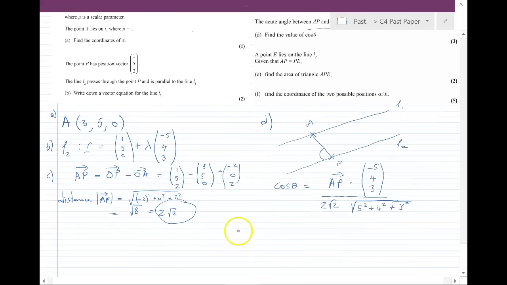So let's work out the top bit first. Let's write some of this out. So AP, just to remind us, is minus 2, 0, 2.